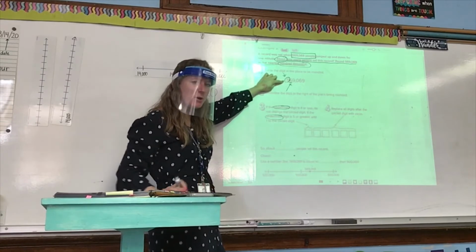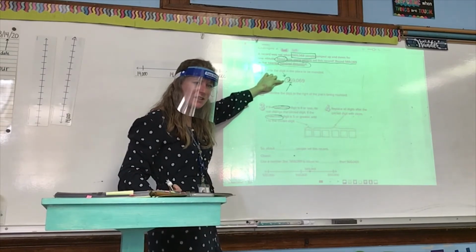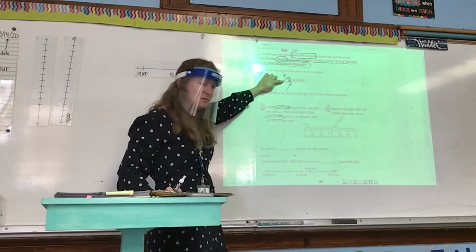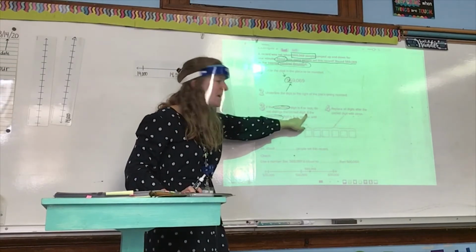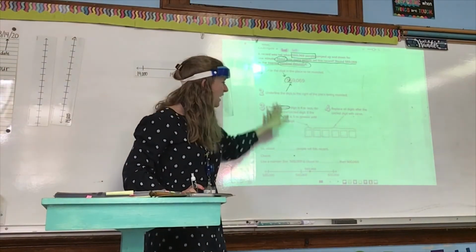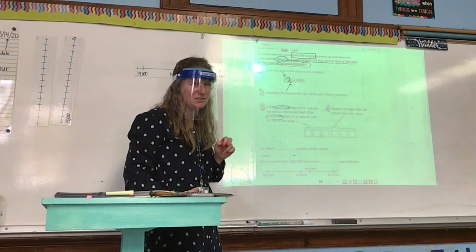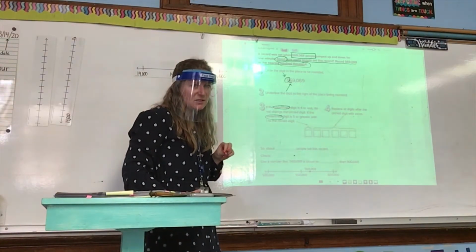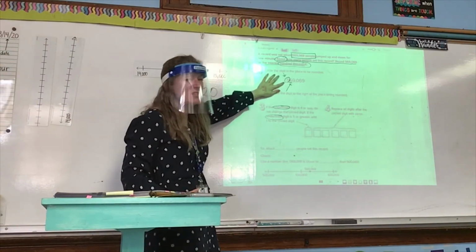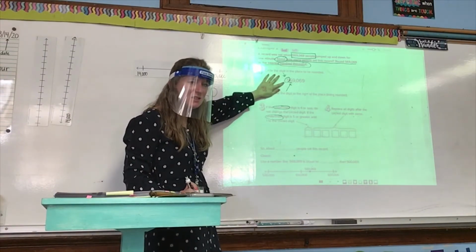Do we ever take away when we're rounding? Think about what I said earlier. Zari, look at the second sentence in step 3. Is there anything in step 3 that says take away? No.